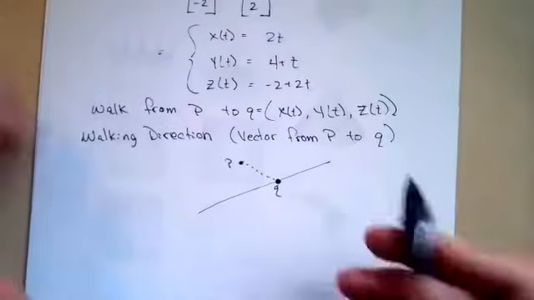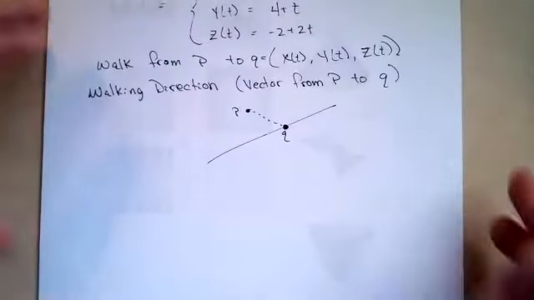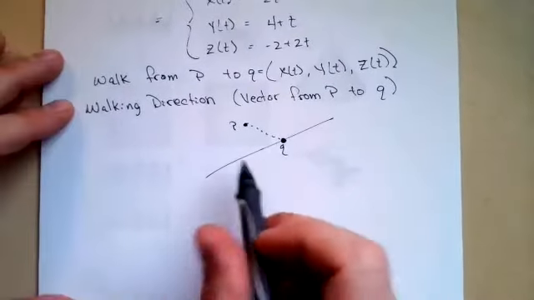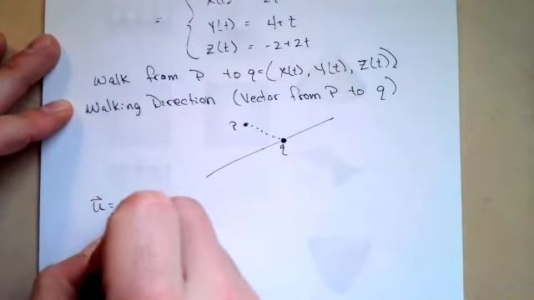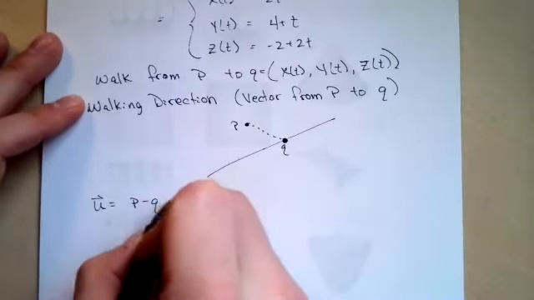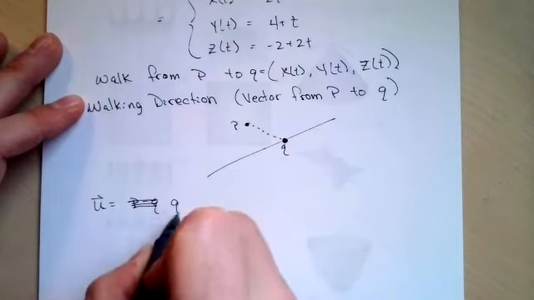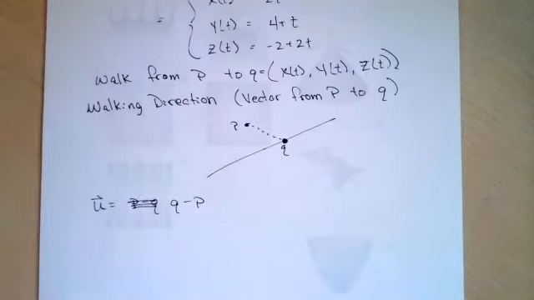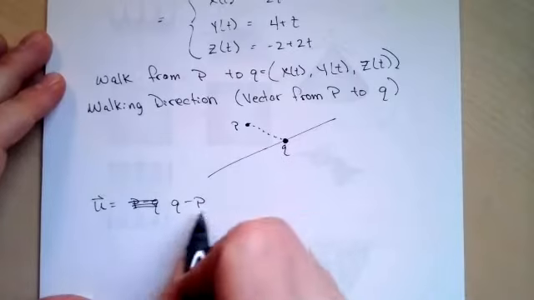Then the direction vector is simply given by the difference between those points. So let's call that our U. So our U is going to be P minus Q. And actually, let's do it Q minus P, ending value minus our starting value, so that way it'll point from P in the direction of our line towards the line.